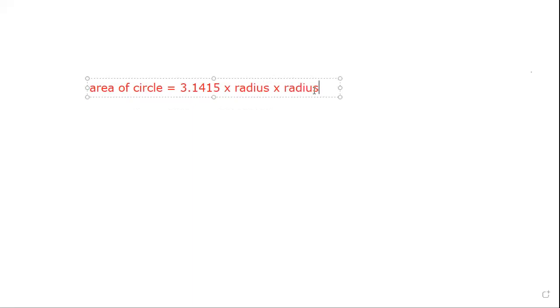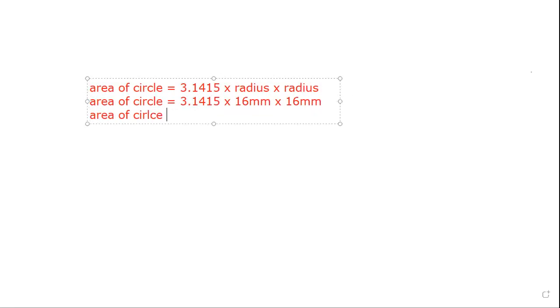So that's the pattern. The area of the circle is equal to 3.1415 multiplied by 16 millimeters multiplied by 16 millimeters. So the area of the circle is equal to 804.25 millimeters.